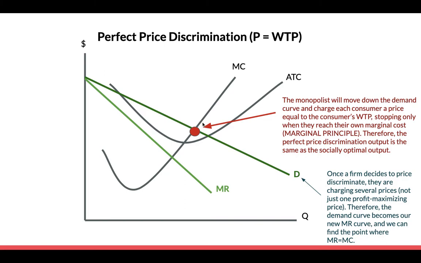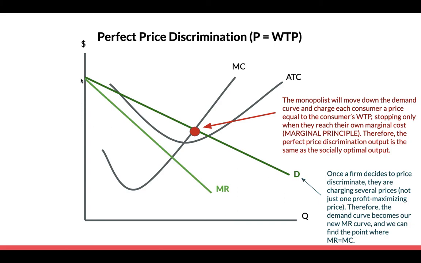What these arrows are pointing out, first of all, is that the point where MC hits the demand curve is our socially optimal point, and it's where the perfect price discriminating monopolist is going to end up producing. I'm going to show you that in a moment. This other arrow down here is pointing out that our demand curve is essentially becoming our marginal revenue curve.